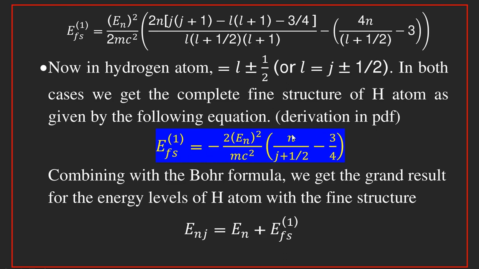So the total fine structure correction of hydrogen atom is given by this expression. Now, combining with the Bohr formula for the gross structure of hydrogen atom, we get the grand result for the energy levels of hydrogen atom with fine structure as Enj is equal to En plus EFS of 1.